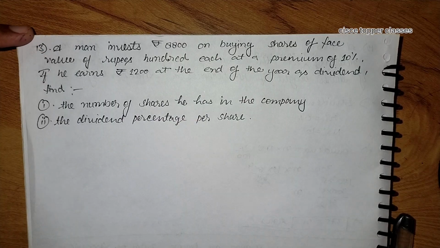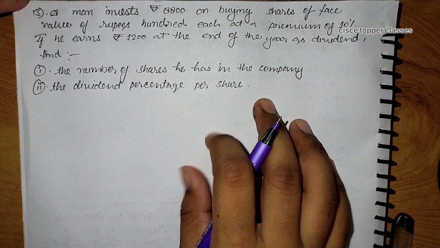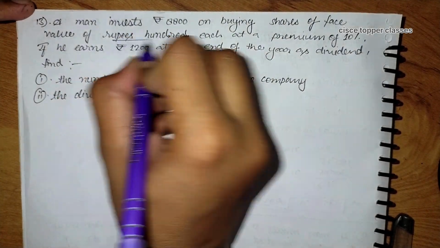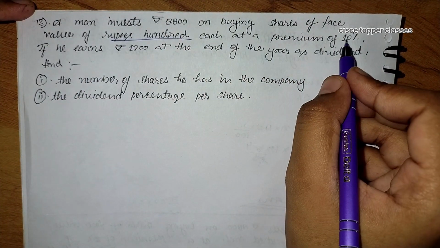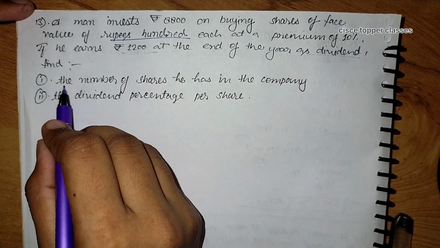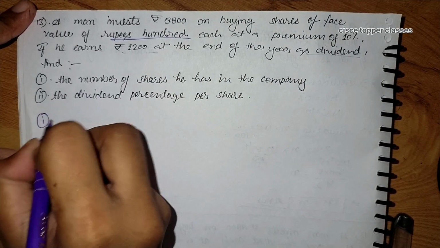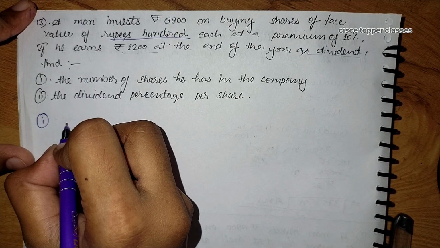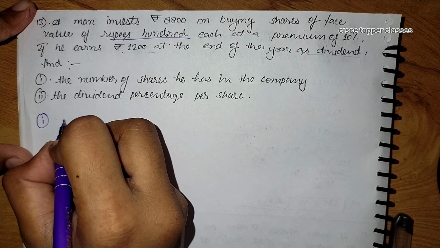Let us solve here question number 13. A man invests rupees 8800 on buying shares of face value of rupees 100 here. So this is the nominal value, each at a premium of 10%. If he earns rupees 1200 as dividend here, then we have to find the number of shares. We know firstly number of shares here we can find by sum invested is equal to number of shares into market value formula.